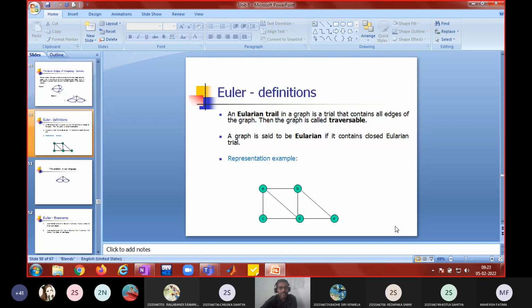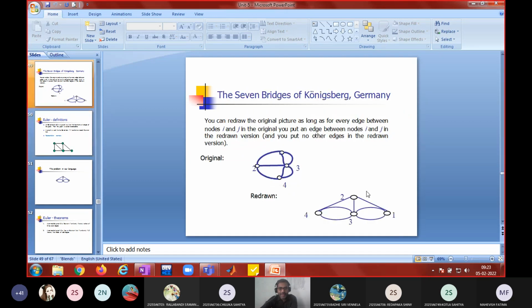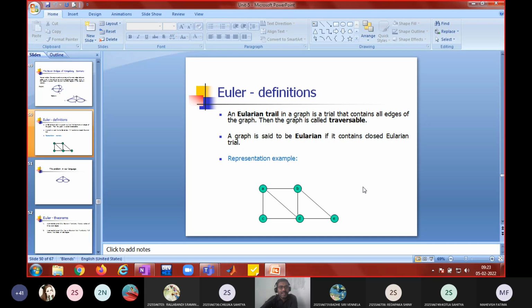So now the question is, which graphs will have that property? That is answered by Euler.